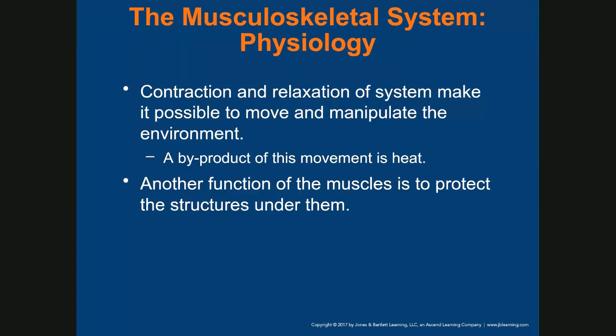Continuing with the musculoskeletal system physiology, contraction and relaxation of muscles make it possible to move and manipulate the environment. A byproduct of this movement is heat. So if the muscle contraction is normal, we get heat, right?